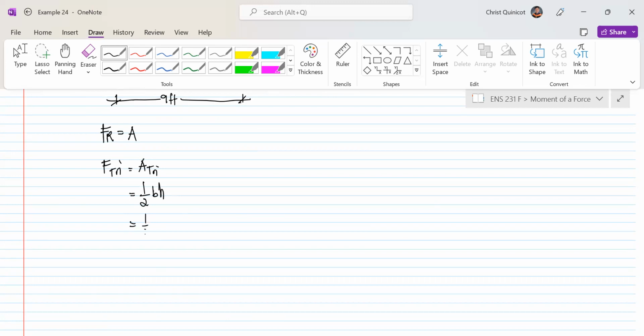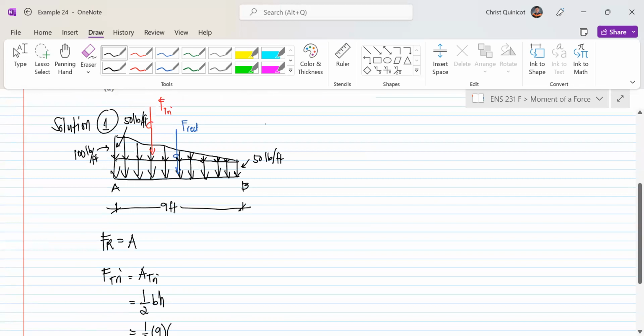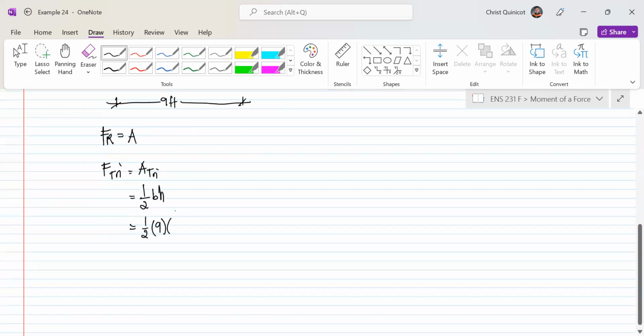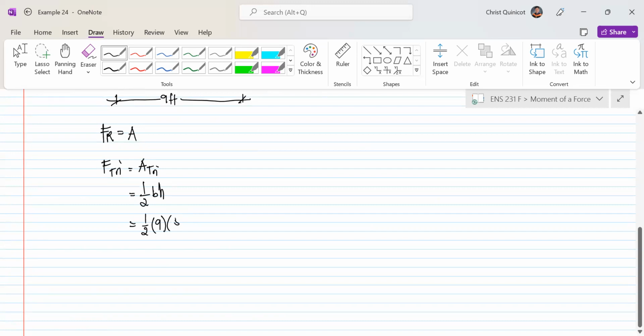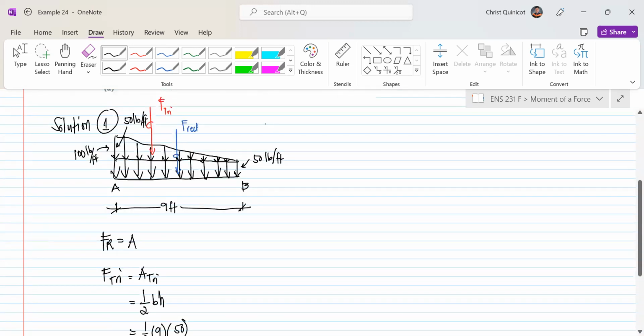My base is the length, 9 feet, times the maximum height, 50 pounds per foot. So 50 times 9 is 450, divided by 2 is 225 pounds.